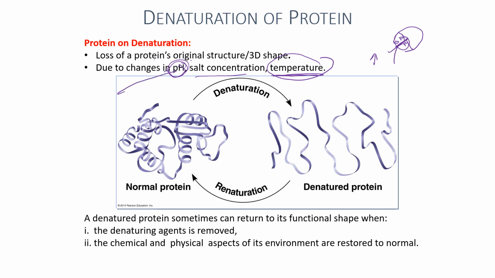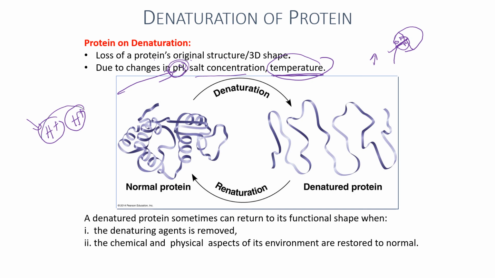If you change the pH of a solution, for example if you add acids into a solution containing protein, you have an excess of hydrogen ions. This excess of hydrogen ions will disrupt the ionic bonds between the side chains that interact with one another through ionic interaction.